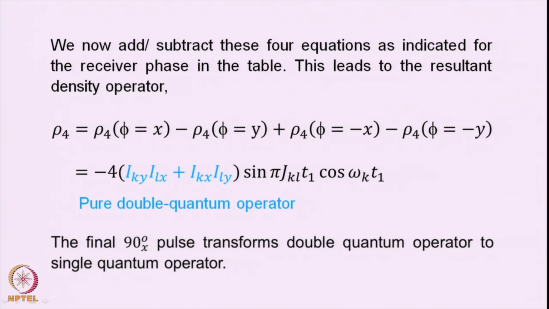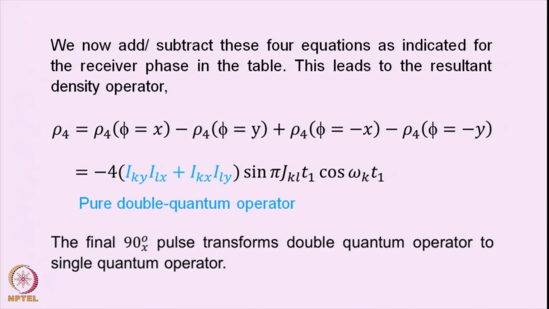So, you see this is very interesting. These iky Ilx and ikx Ily terms were neglected in the COSY. We said these are not observable, therefore we are not going to consider them. Here what we have done is actually select only those. We have eliminated all the other terms.